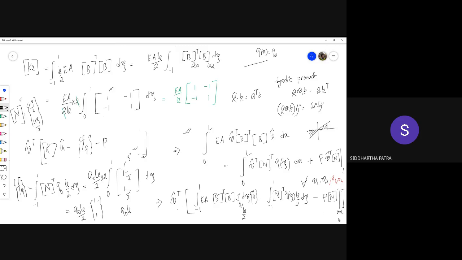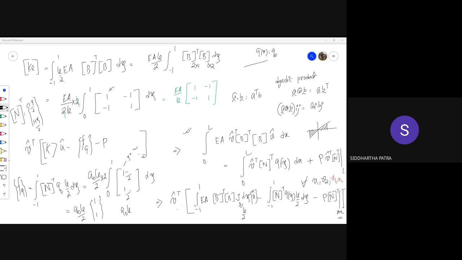Okay. Now, when you evaluate that at x equal L and considering the entire bar to be a single element, can you tell me what should be the value of N transpose? If you consider the entire bar to be a single element, then x equal L would correspond to xi equals 1, right? Okay.